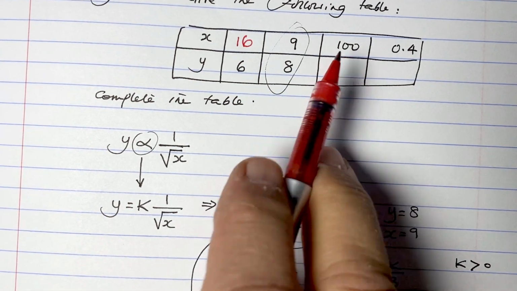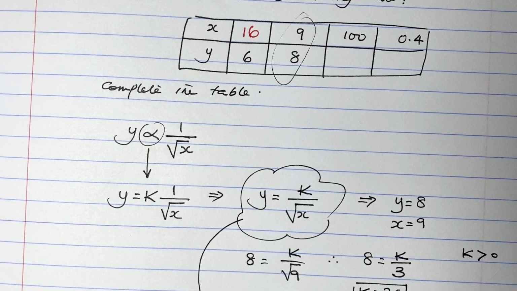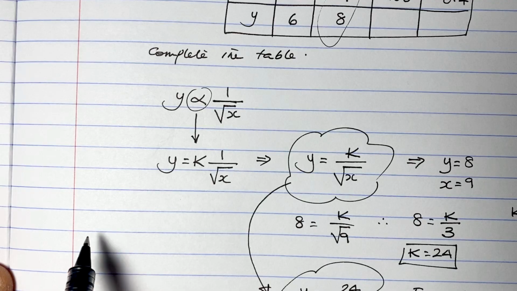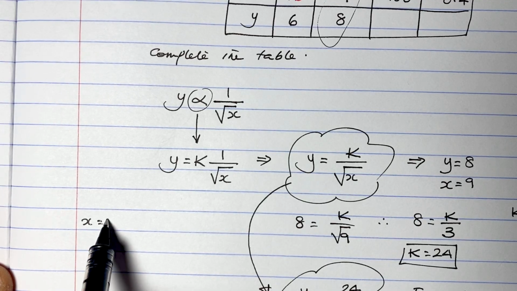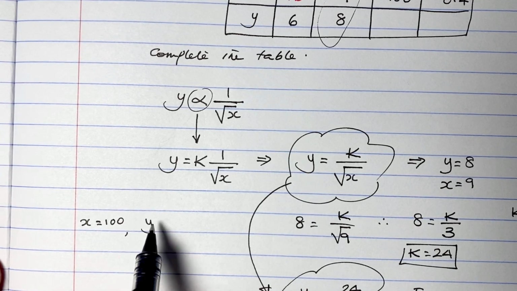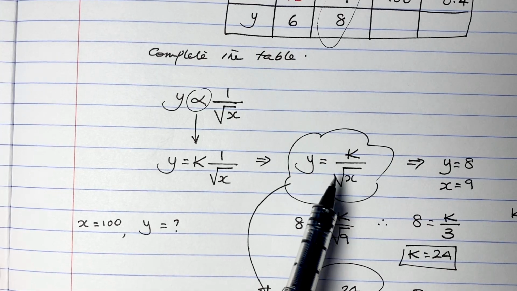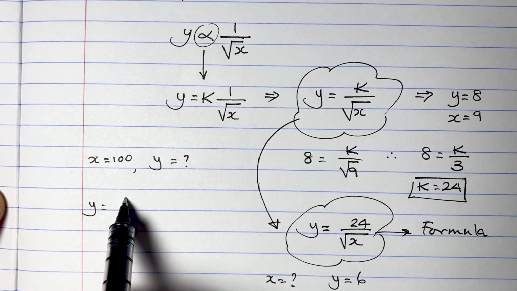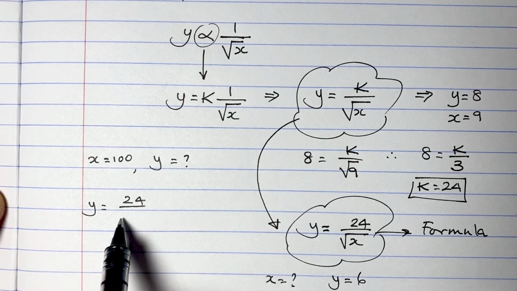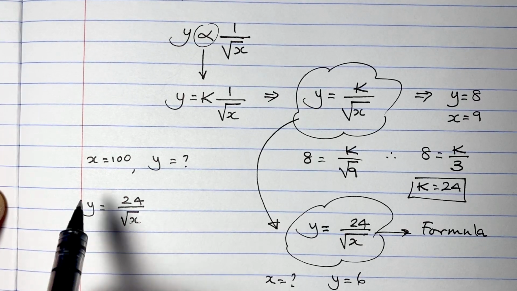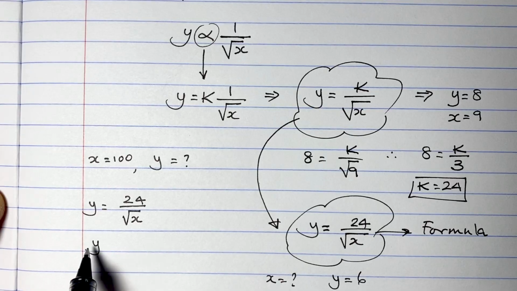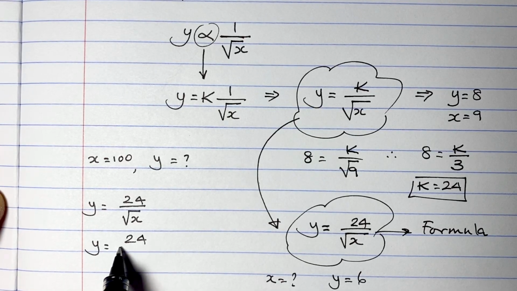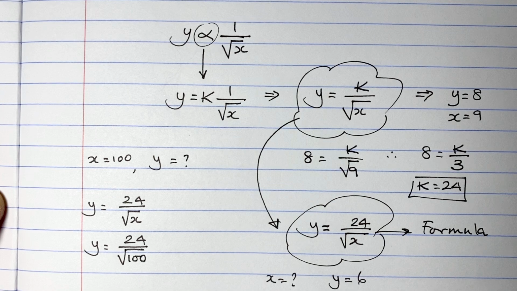Now let's use x equals 100. I do it here. x equals 100. What is the value of y? My formula is y equals 24 over root of x. y to be found, x is 100, so root of 100.